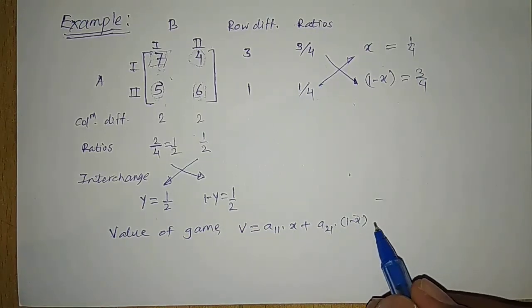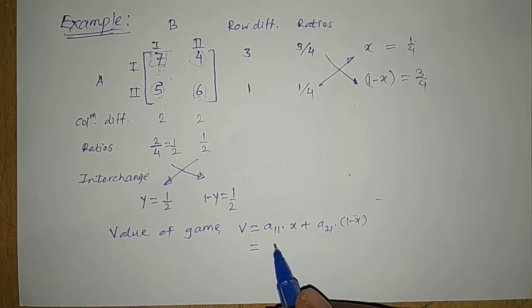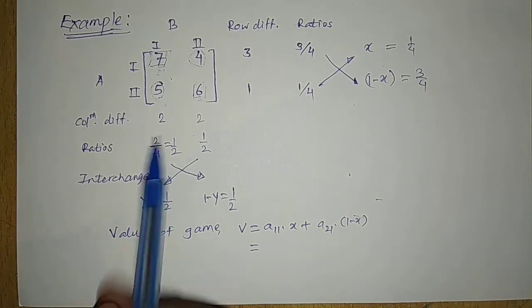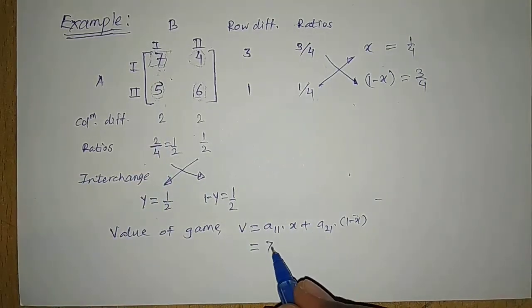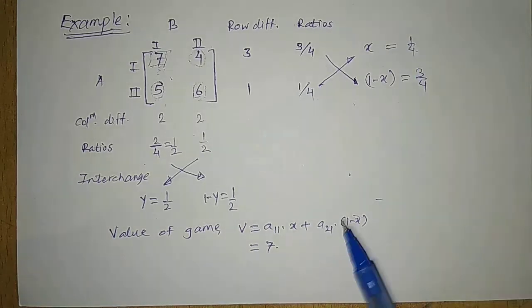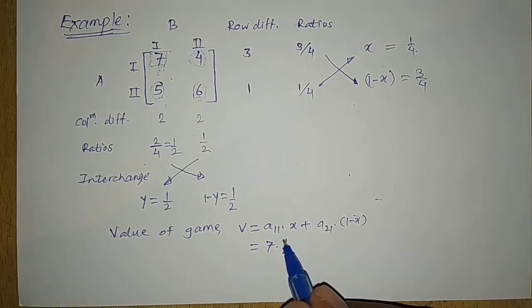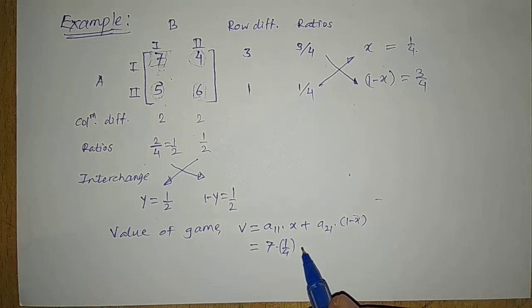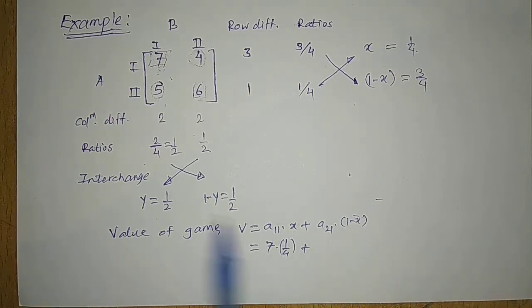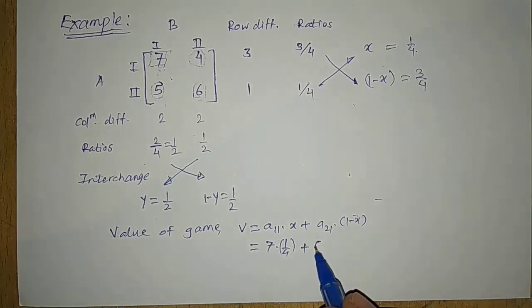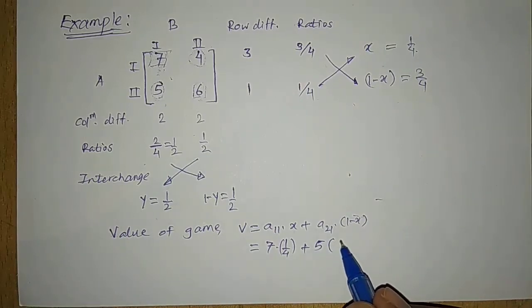The A11 element is 7 into the x probability, value of x 1 by 4, plus the A21 element is 5 into 1 minus x, value 3 by 4.